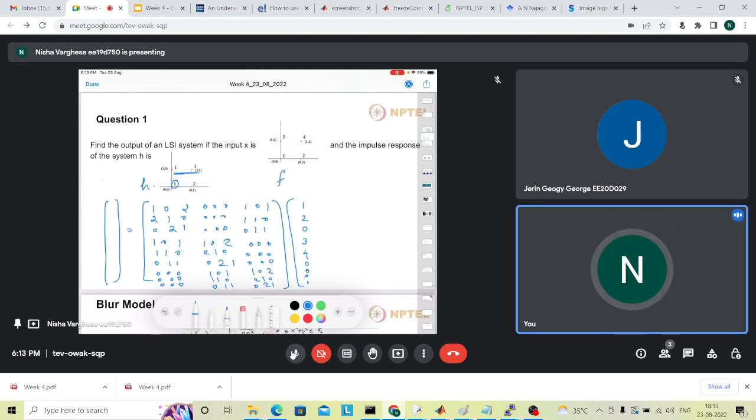So the answer becomes 1 plus 0, 1, then 2 plus 2, 4, then 4 plus 0, 4, then 4 plus 0, 4, then 1 plus 0, 1, and so on.